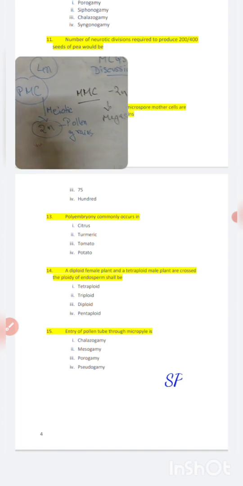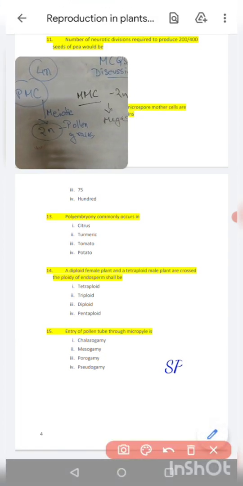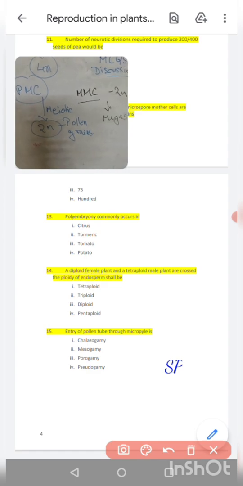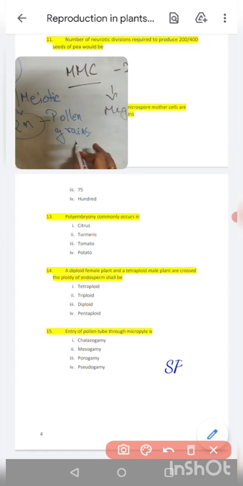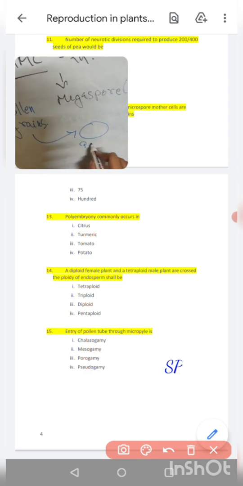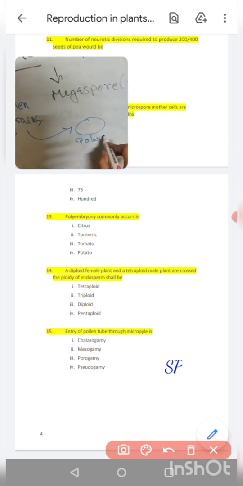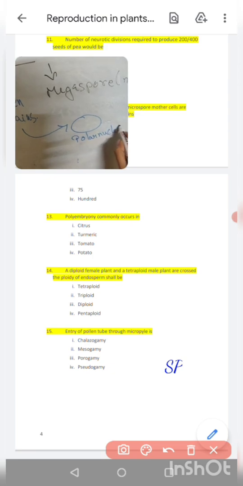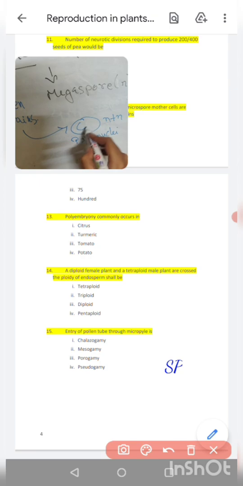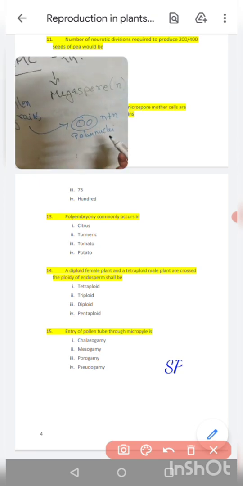We have to find the ploidy level of endosperm. We all know that endosperm is the resultant of the fusion with the polar nuclei. So this pollen grain is going to fuse with the polar nuclei. The polar nuclei consist of n plus n, because there are two nuclei inside one single cell.